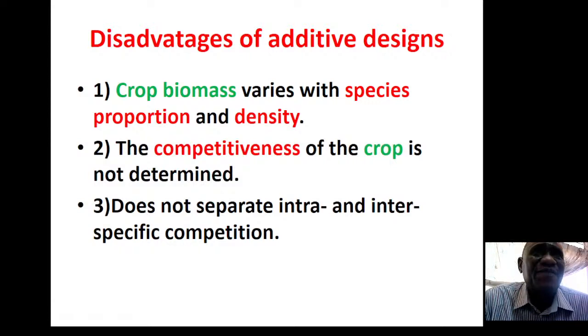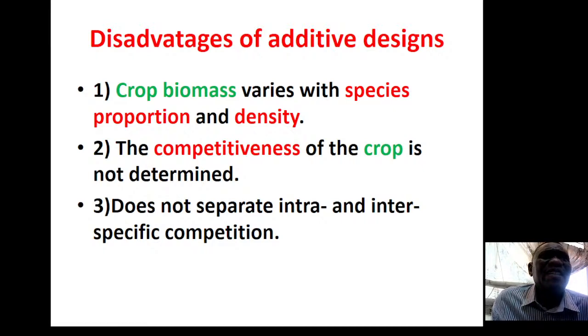Now, what are the disadvantages of the additive design? Well, crop biomass varies with the species proportion and density. This can cause some problems when assessing the results.